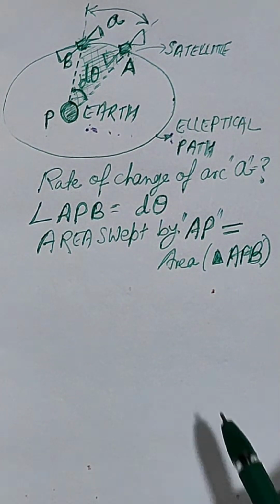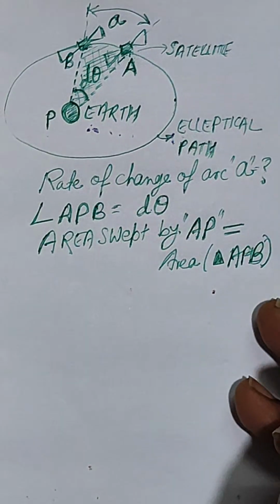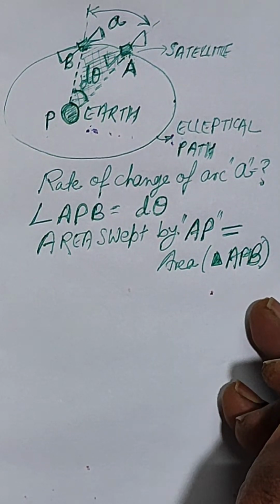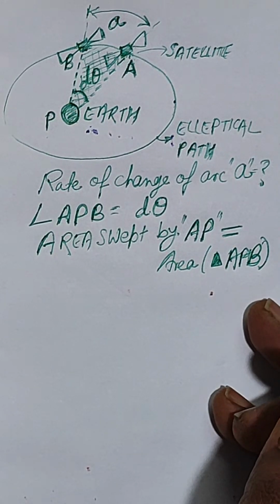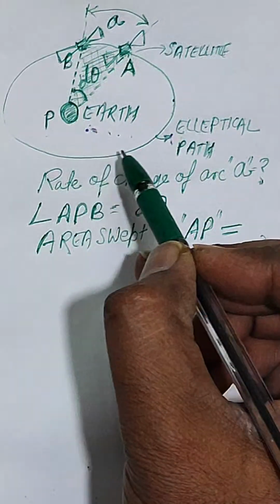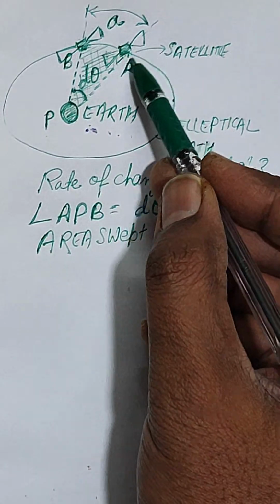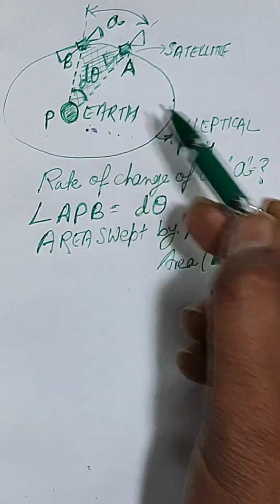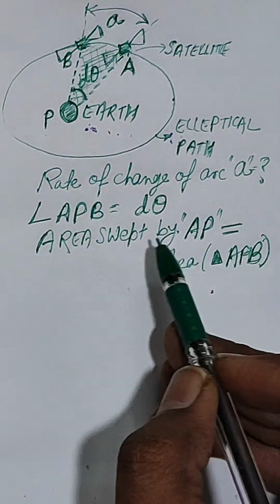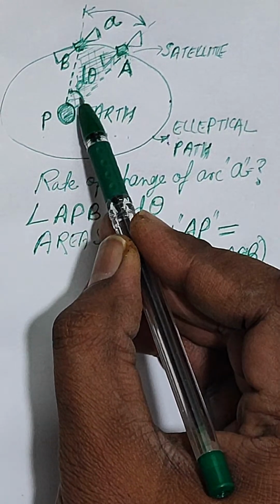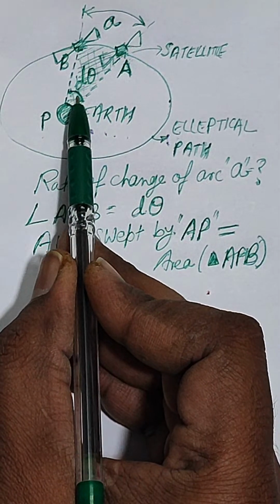Now, what is the area of the triangle APB? If you want I can read the question again. A satellite goes along an elliptical path around the earth. The rate of change of arc A swept by the line joining the earth and satellite is proportional to what? So what we did is we are seeing that when the position of the satellite is changed, d theta is the angular deviation.